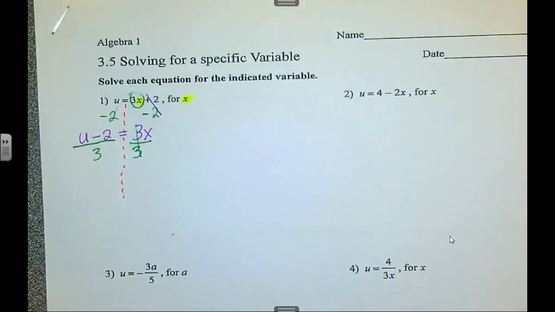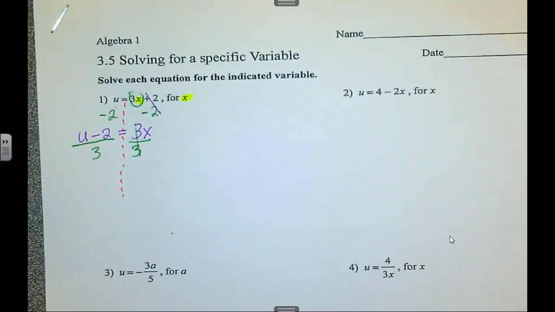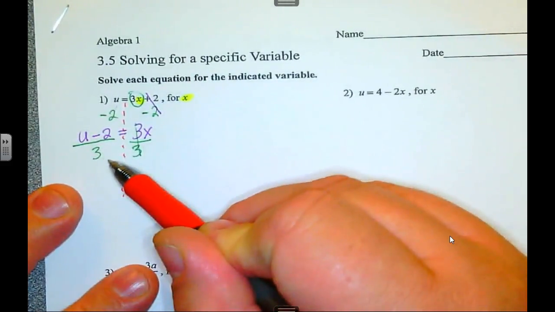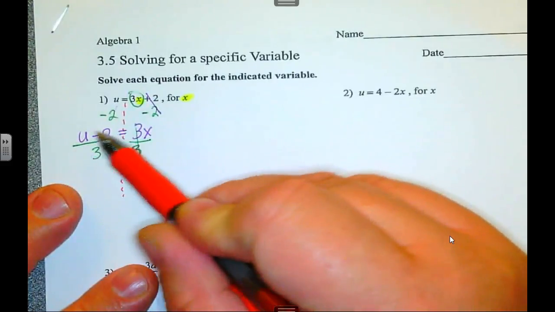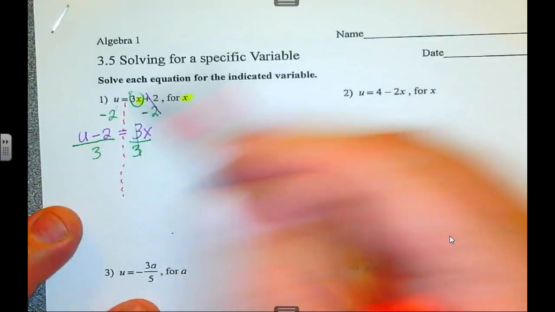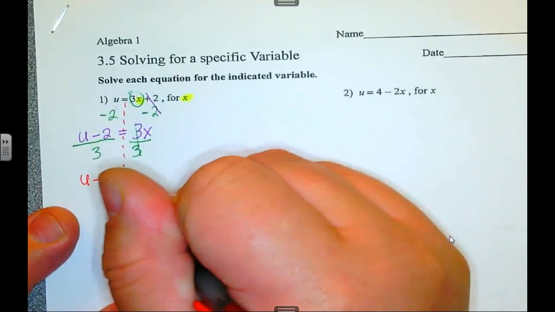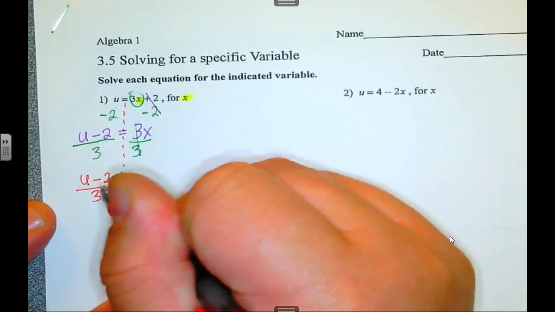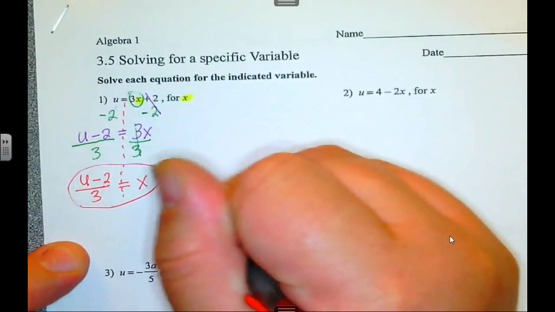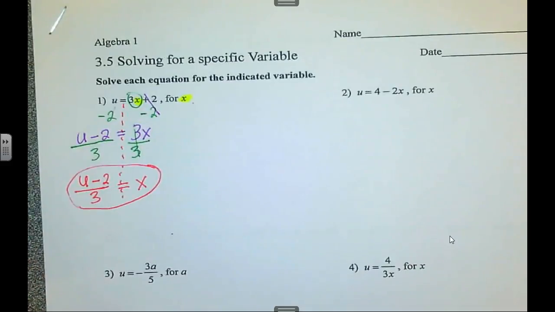I have to be careful not to mix up the mathematical order. So I have u minus 2 divided by 3. I'm just worried about getting x by itself, because that's what it's telling me to do. Easy peasy, right?